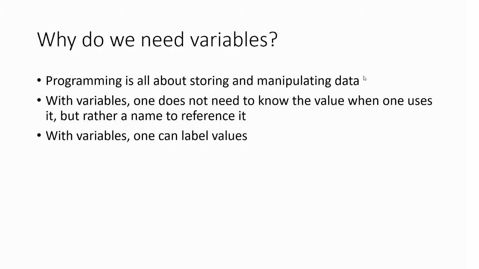You can either store data or manipulate it. And with variables, one does not need to know the value when one uses it, but rather a name to reference it. For example, I have a program that displays the user's age. I am 18. So I would say write 18 to the console. But my parents maybe are not 18.